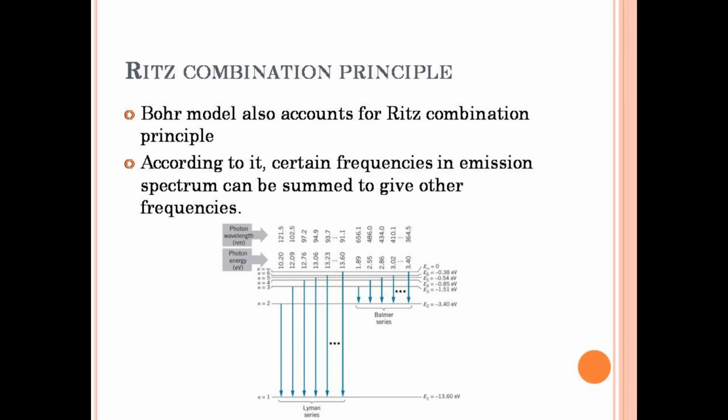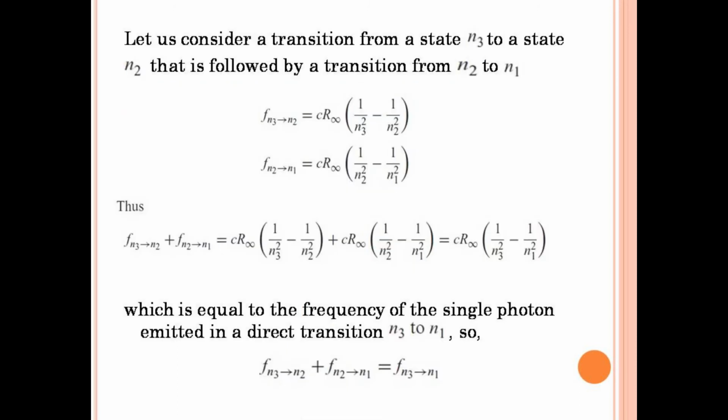Now we have to discuss the Ritz combination principle. What does the Ritz combination principle mean? According to it, certain frequencies in the emission spectrum can be summed to give other frequencies. The Bohr model also accounts for this principle. Consider a transition from n3 to n2, followed by a transition from n2 to n1.